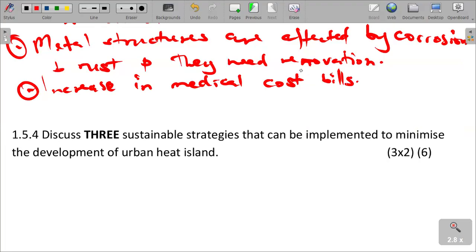The strategies, or ways to minimize the development of urban heat island: one, improvement of public transport to reduce the number of vehicles in the city.